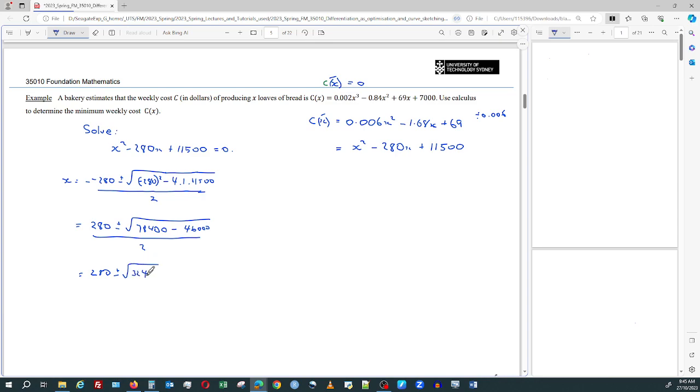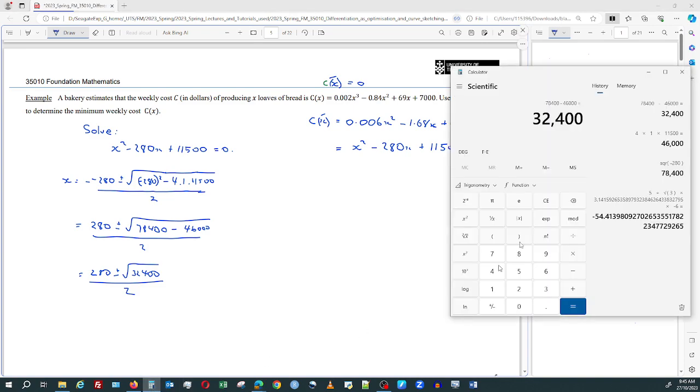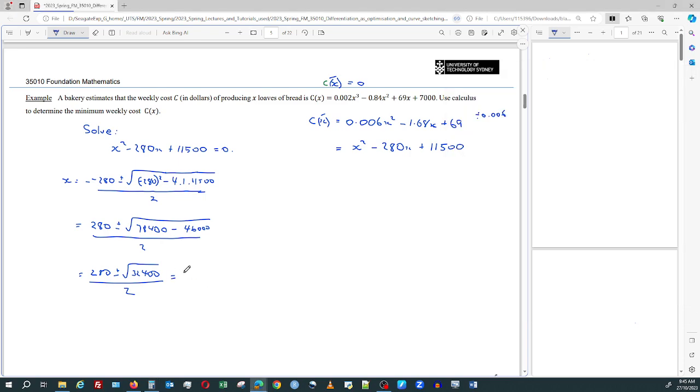Okay, and I'll take the square root of that. That's very good, which is 180. So we get 280 plus or minus 180 over 2.